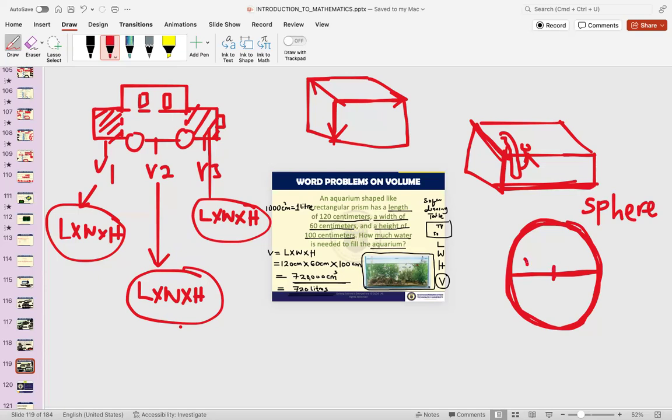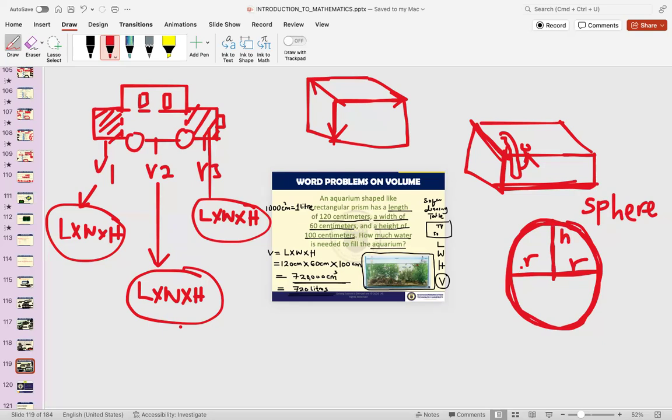So one side will be R, the other side will be R. From the edge of the ball to the center of the ball is R. From the center of the ball to the other edge is also R. Apart from that, the same R can also serve as a height. So from the center to the top of the ball, we can call it H.